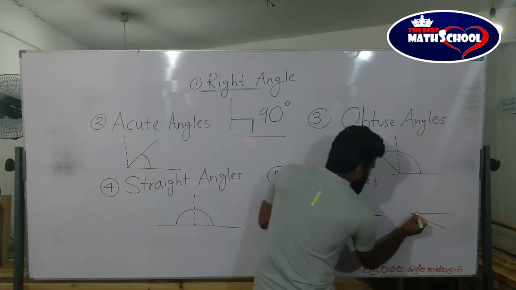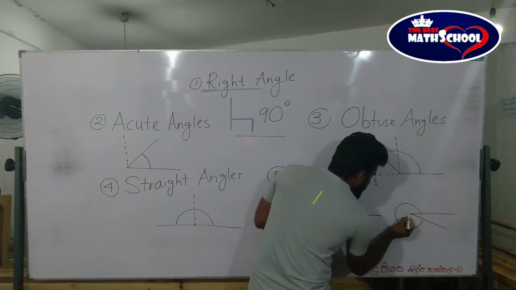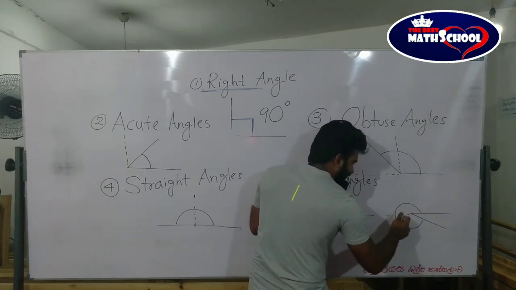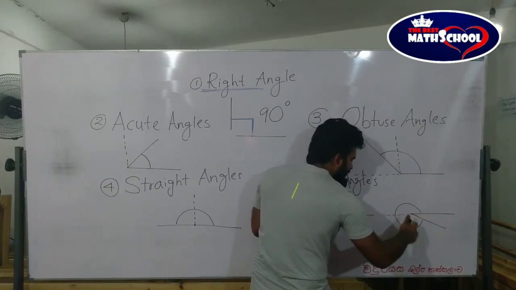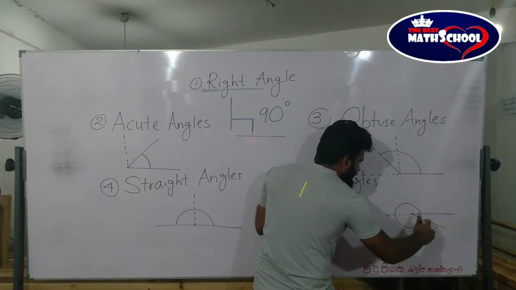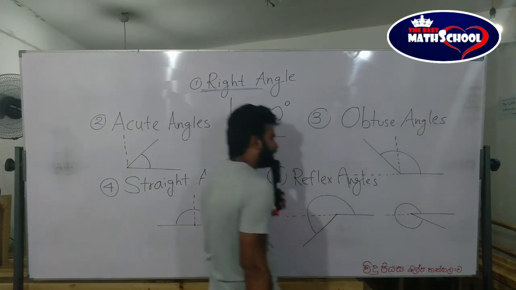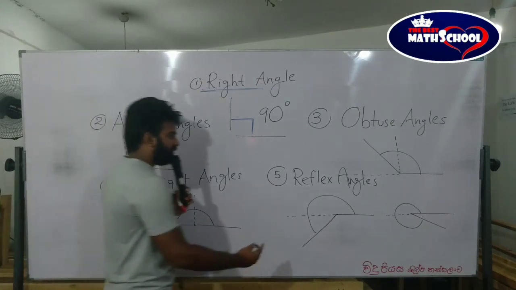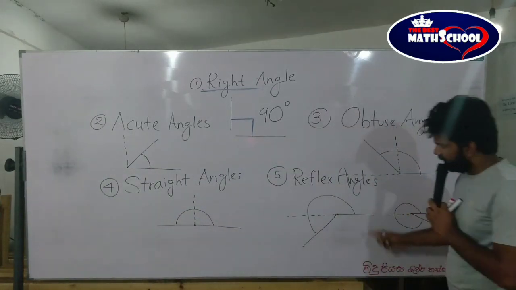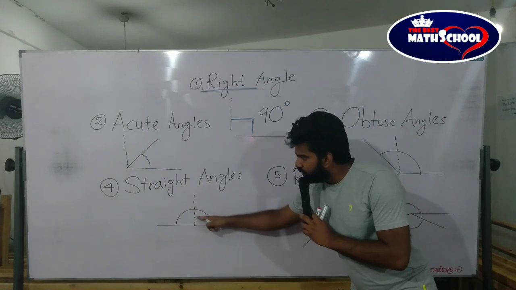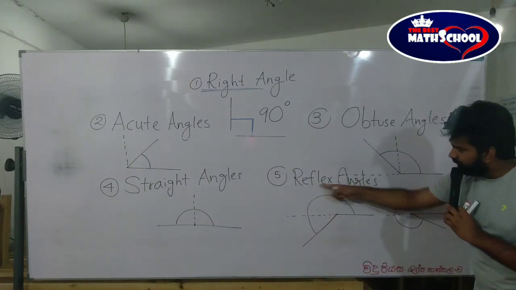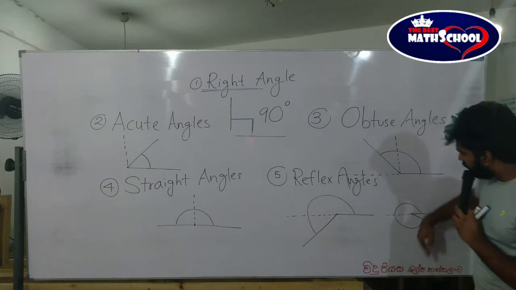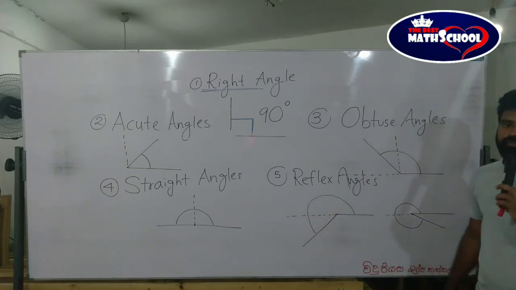If we take this angle, it is also more than a straight line, but it is a huge angle. So this one is also known as a reflex angle. It should be more than a straight angle, meaning two right angles, but less than four right angles.